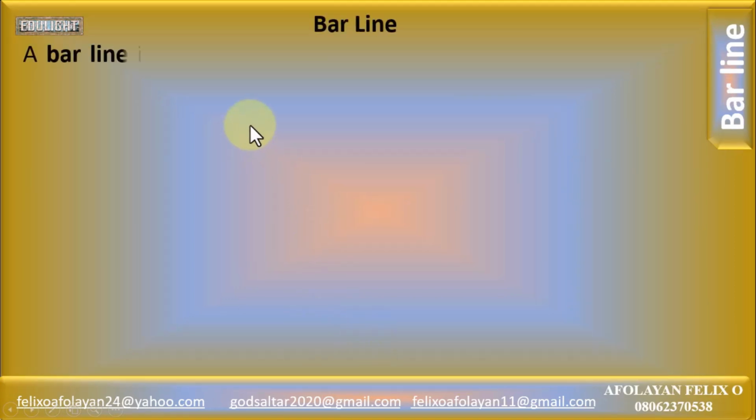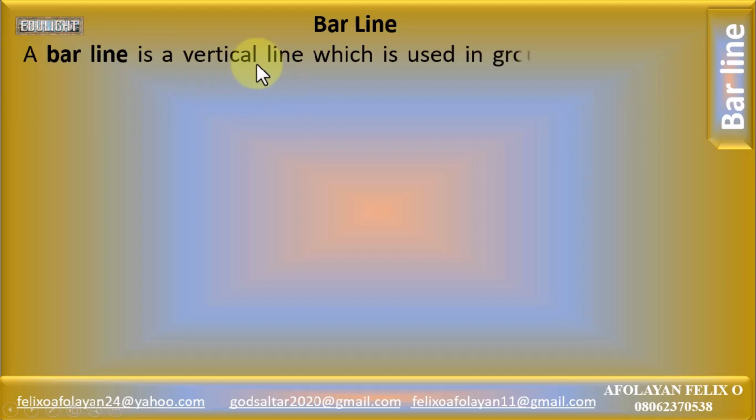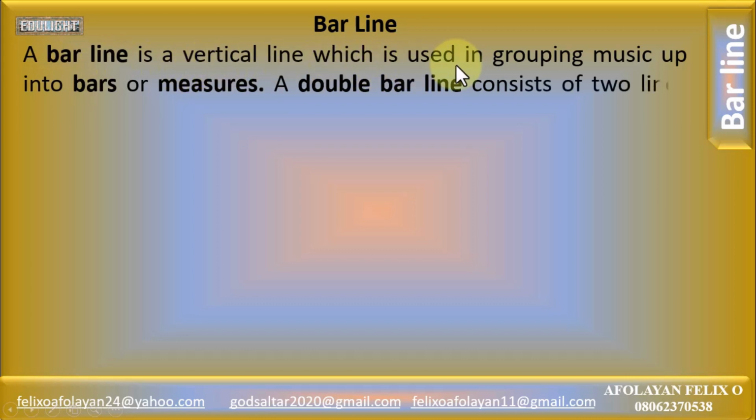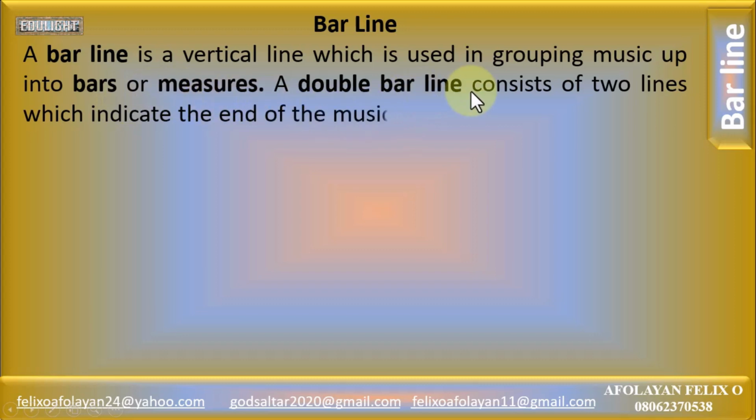Bar line. A bar line is a vertical line which is used in grouping music up into a bar or measure. A double bar line, therefore, consists of 2 lines which indicate the end of a piece of music.